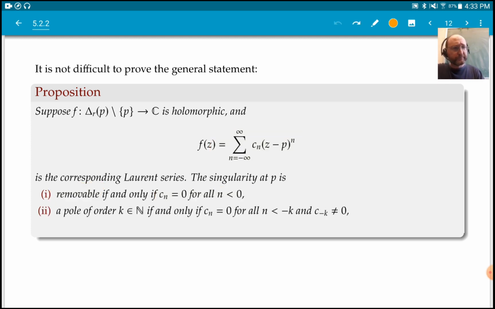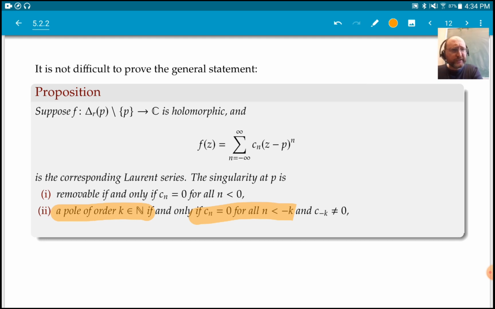If all but finitely many of them are 0, then we have a pole. We have a pole of order precisely k if and only if all the terms c_n for n less than negative k are 0. Beyond negative k, we just get zeros.